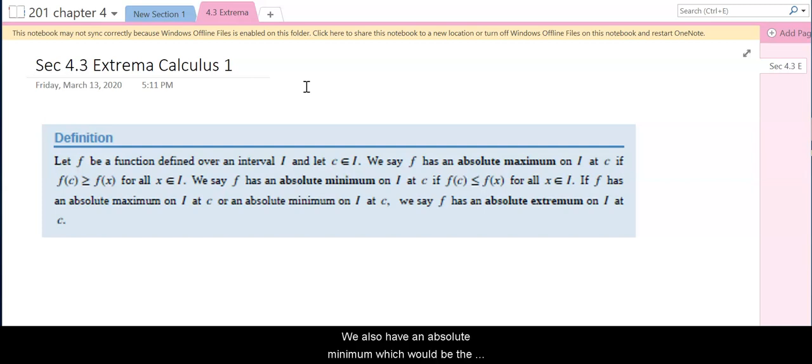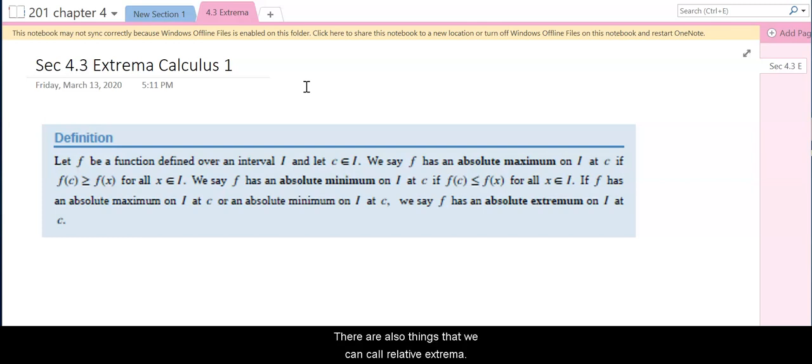We also have an absolute minimum, which would be the bottom of the Marianas Trench under the Pacific Ocean. That's the lowest point on Earth that we know of at this time. Now, an absolute in this sense means either all other y values are below that for the absolute maximum, or all other y values are above that for the absolute minimum.